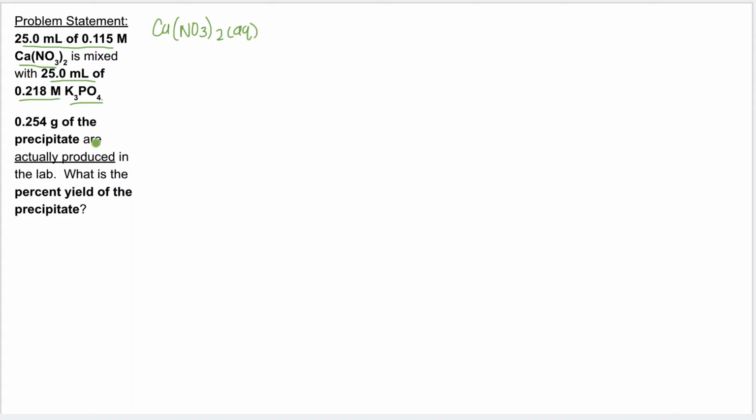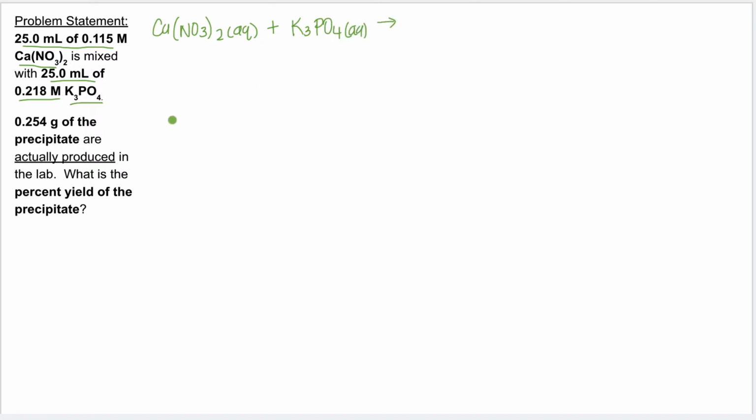And you can double check your solubility chart. You'll see that anything that combines with nitrate and anything that combines with group 1 ions are going to end up being soluble in water. So because we're given the molarity and volume of these two solutions, we can assume that we're starting out with two aqueous reactants.